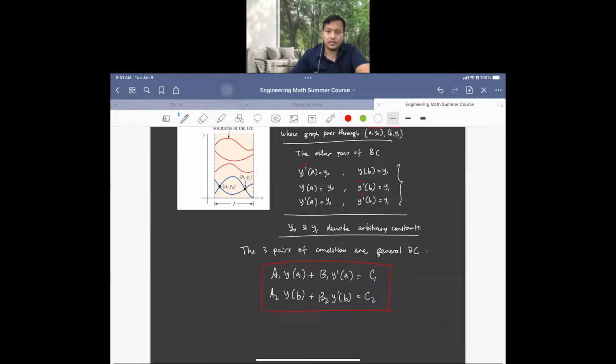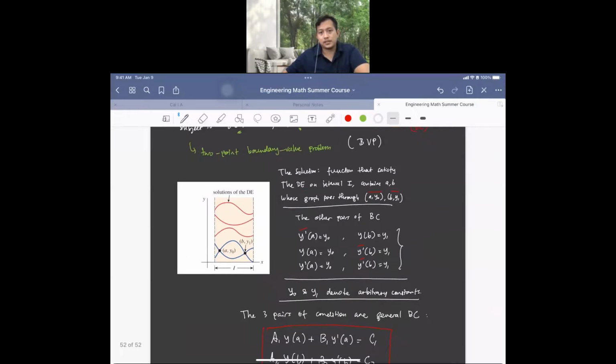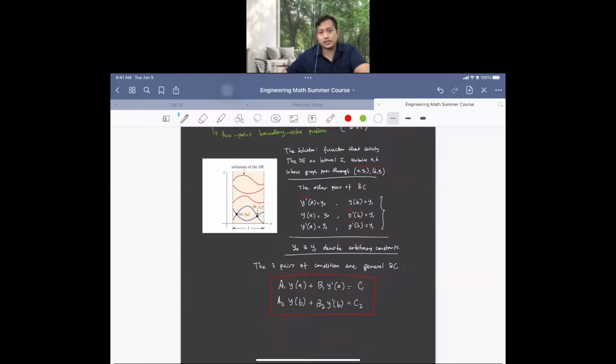So sometimes substitutions make it a separable or linear differential equation, as in Bernoulli. That's the recap, at least for this morning. And this is just an introduction to second order and higher order differential equations that we are going to observe more later in the afternoon session.